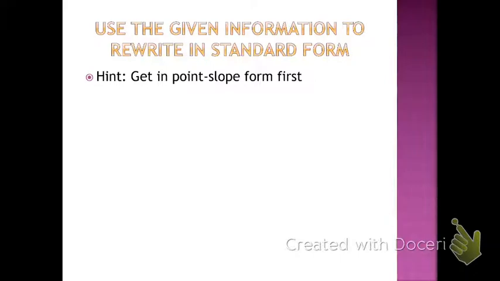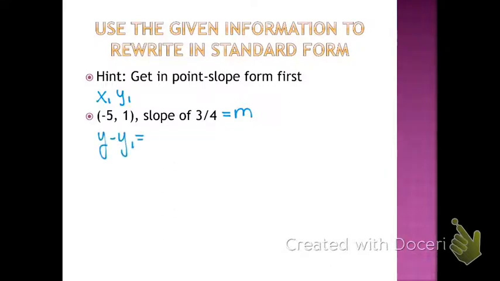One more example using standard form is that we're going to be given some information now. So maybe we'll be given a point and a slope, or maybe we'll be given 2 points. And we're going to work in point-slope form first and then convert our answer. So in this case, we're given the point, which is our x1, y1, and we're given the slope, which is our m, and we're going to use point-slope form and plug in our values.